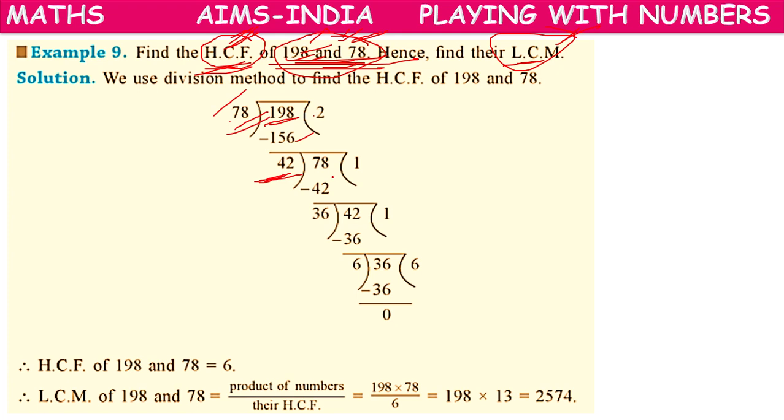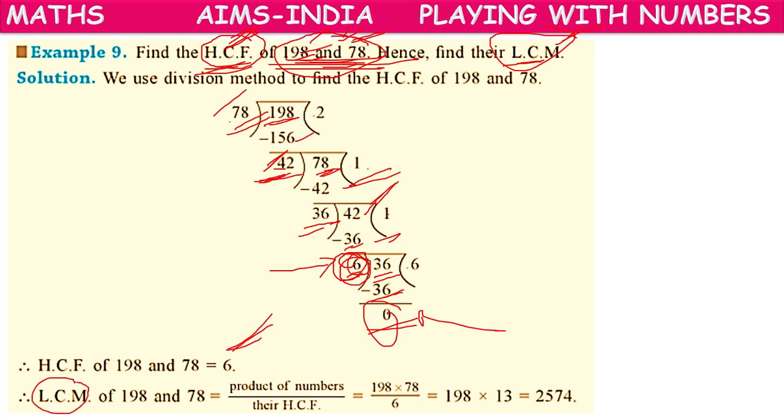Now this divisor will become dividend. 42 1 times 42, 36 remainder. 36 1 times 36, 6 remaining. 6 times 36 is 0. Means when we are dividing with 6, the remainder is 0. So 6 is the HCF.